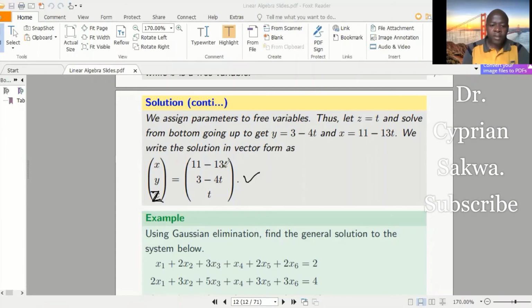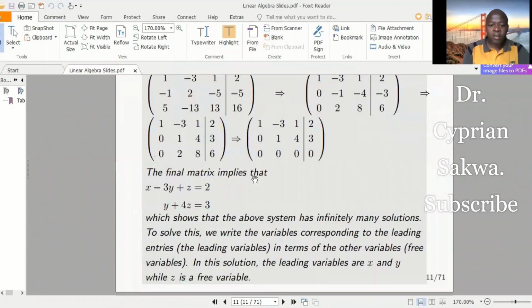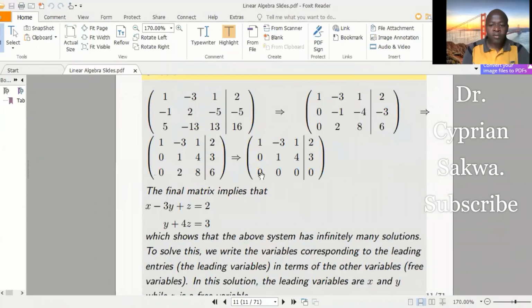If you make t be 3, you get another set of solutions. If you make t to be negative 100, you get another set of solutions. That's why I'm saying that this system has infinitely many solutions. And look at how the bottom of that matrix in echelon form looked.